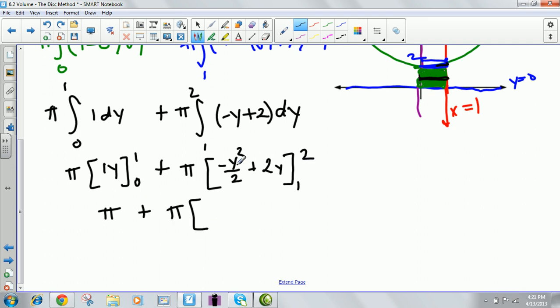Here you have to simplify. You're going to plug 2 in, so that'd be negative 4 over 2 plus 4 minus negative 1 over 2 plus 2.